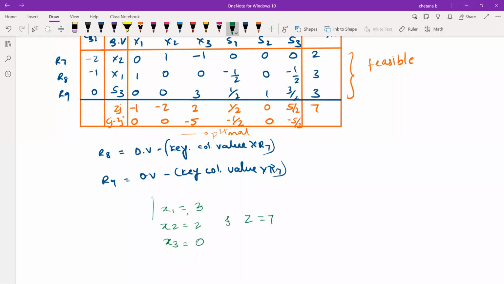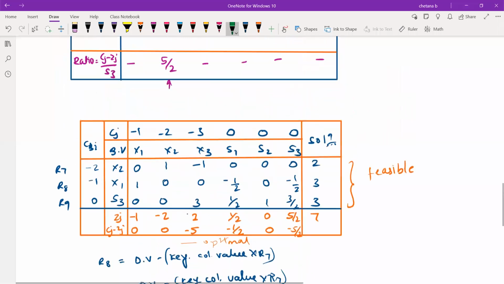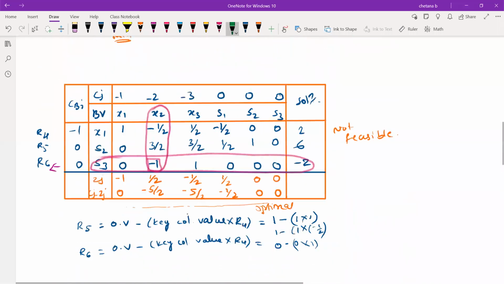So this is the answer. You can just consider these in the z equation and see whether you're getting 7 or not. So this is about the dual simplex. Is that fine?